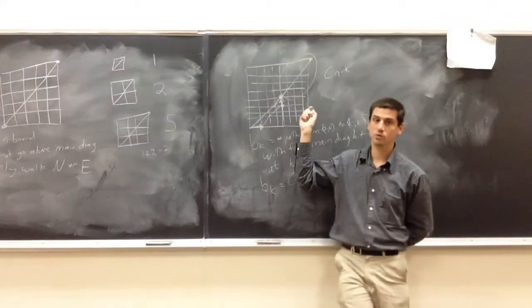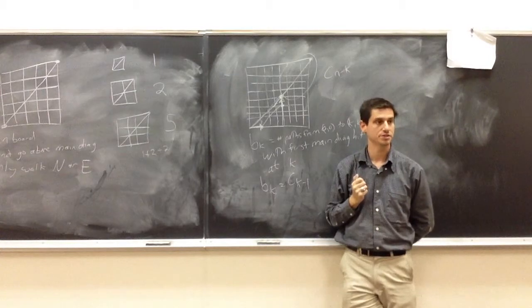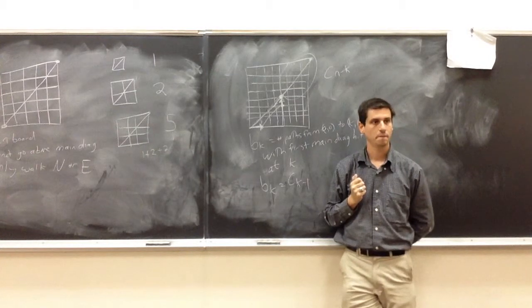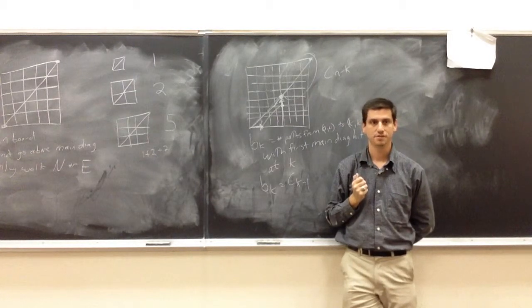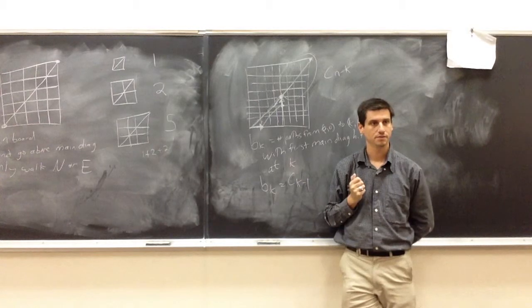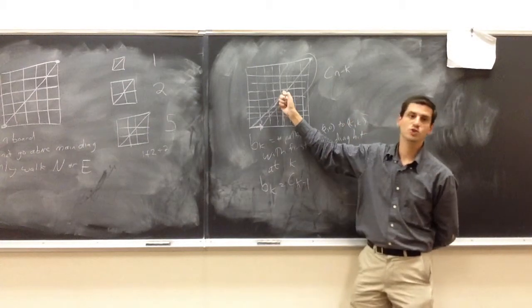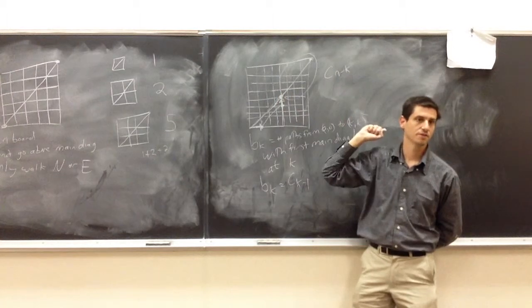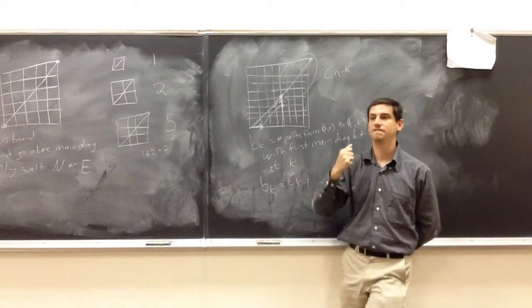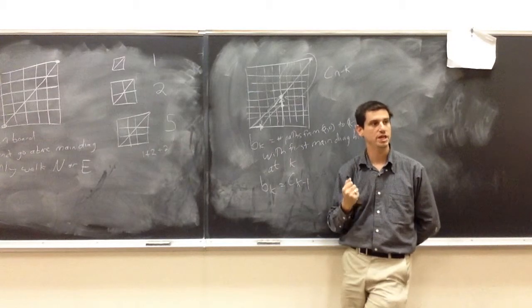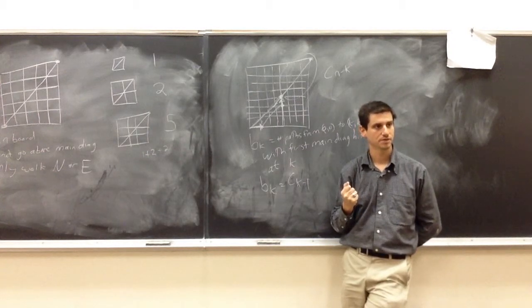I've done something here that will guarantee I don't count the same thing twice. What have I done? What's the special word I'm using about this point? First. It's the first point where we hit the main diagonal.